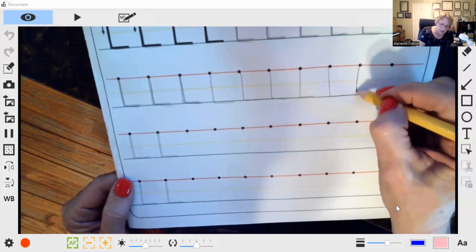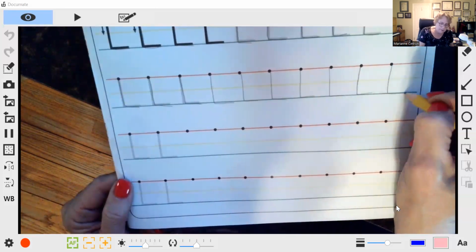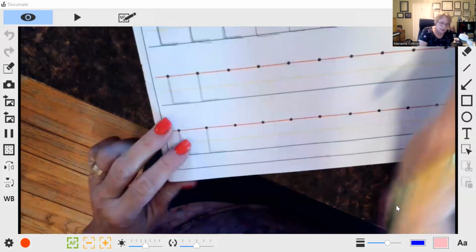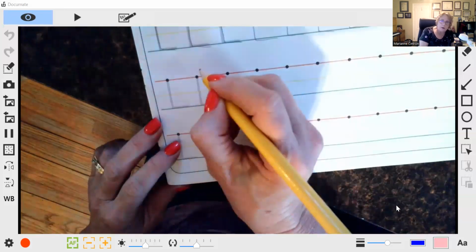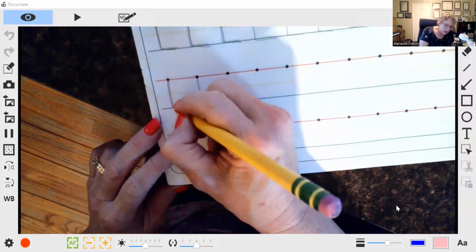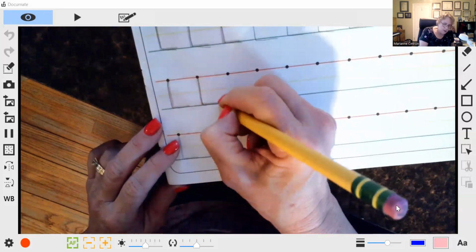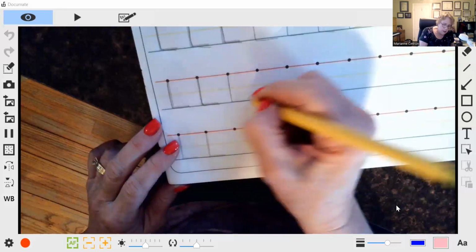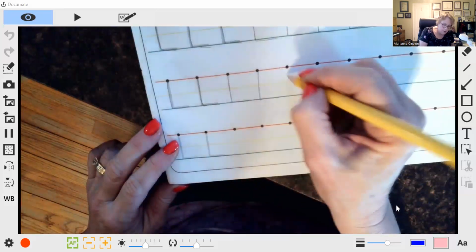Make your line straight. Hold your pencil right. Kids need the right pencil grip. Look how I'm holding my pencil with my finger on top. Straight down and over, straight down and over.